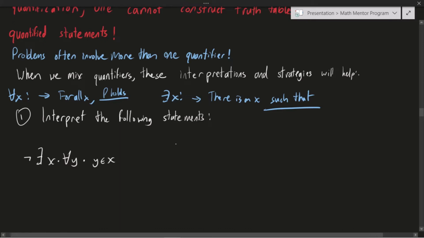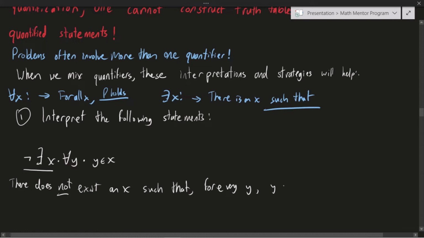So what does this first one say? Well, it says there does not exist an X such that for every Y, Y is in X. Since we're talking about set theory, all of our statements will be about set theory, so they will include operations like inclusion and subset. Let's think about what this means.